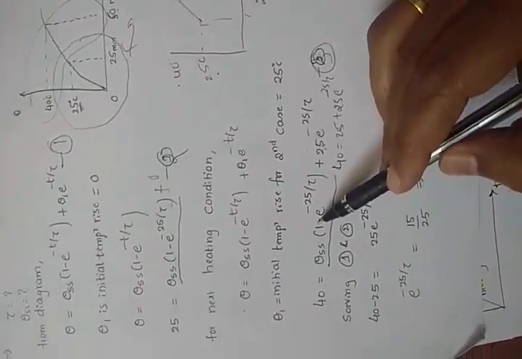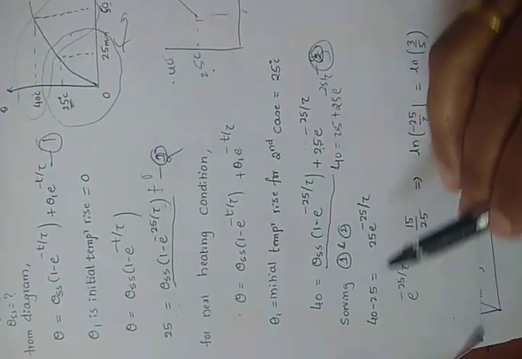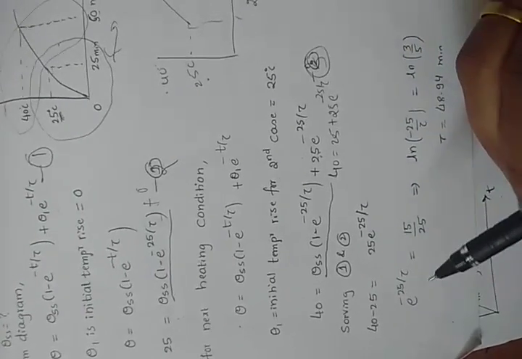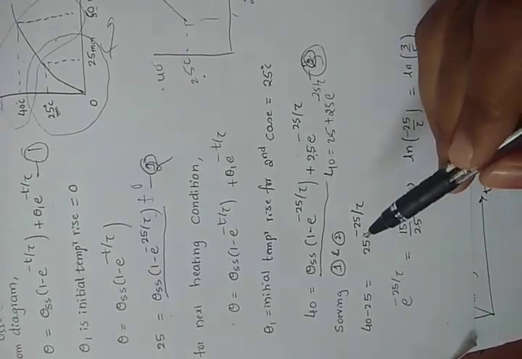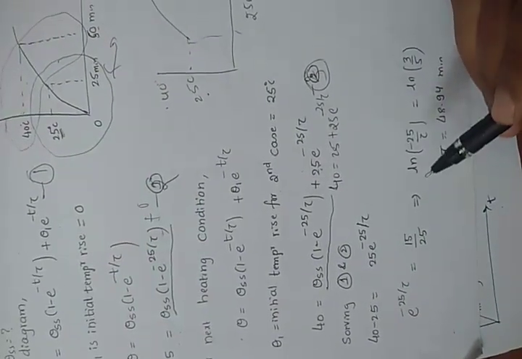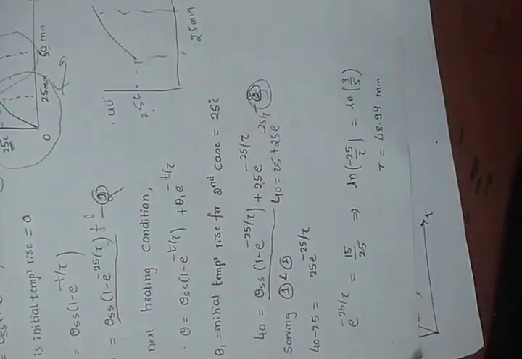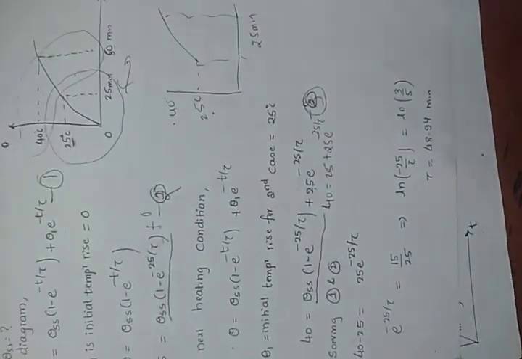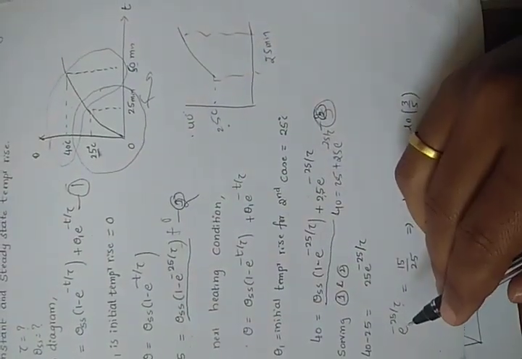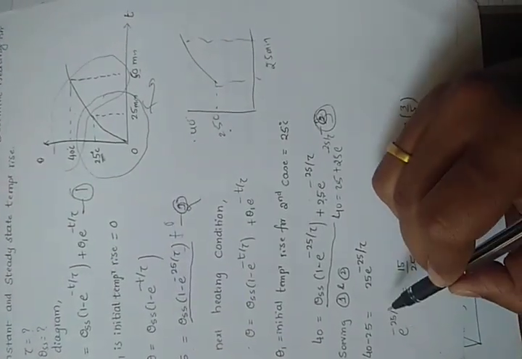The whole part is replaced by this 25. So 40 minus 25 equals 25 e power minus 25 by tau, then 15 by 25 equals e power minus 25 by tau. To remove this e, we take ln, which is log with respect to e. The property of ln is that the power comes to the front.